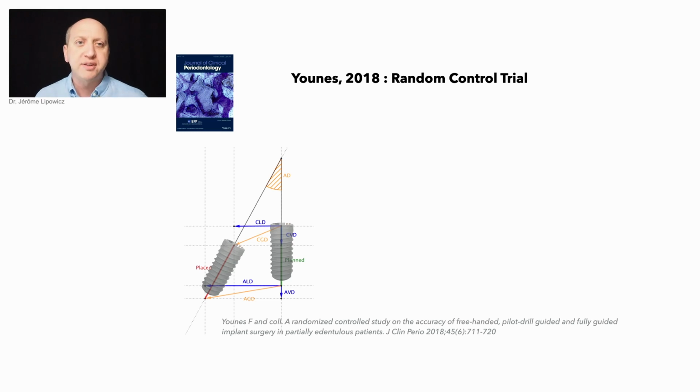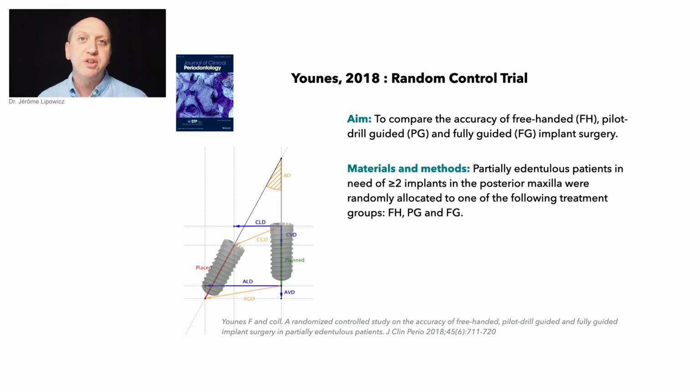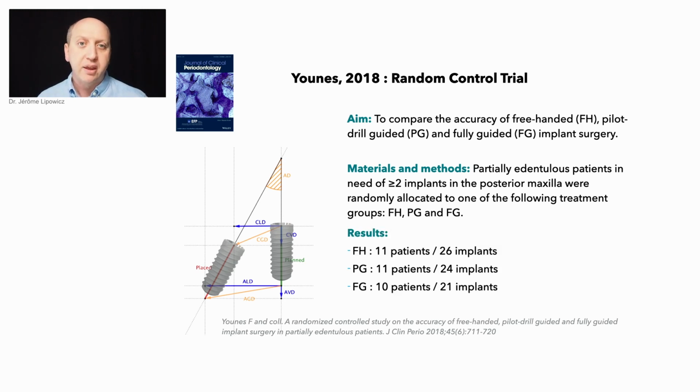So going back to the RCT that has been used, the authors compared freehand surgery versus pilot-guided surgery. This is a surgery where only the pilot drill will be guided, versus full guided surgery where all the instruments from pilot drill to driver are guided.